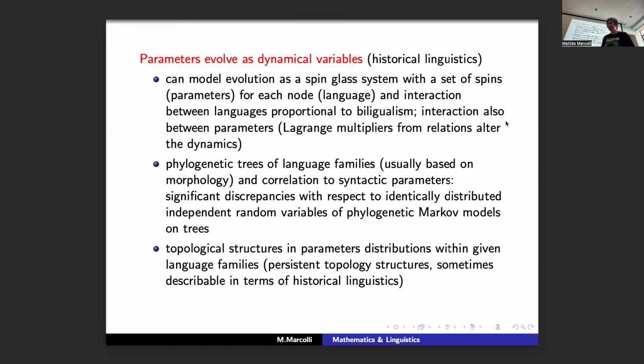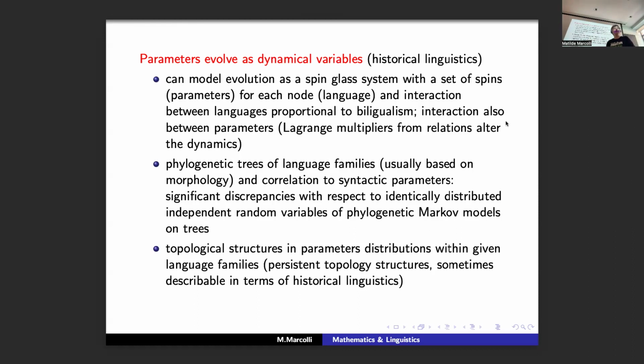And of course, from analyzing the data, it's clear that there are lots of relations between what linguists have classified as possible binary variables describing different structures of syntax across different languages. In principle, one can construct independent variables, for example, by this type of low-dimensional, reasonably faithful embedding of the data.